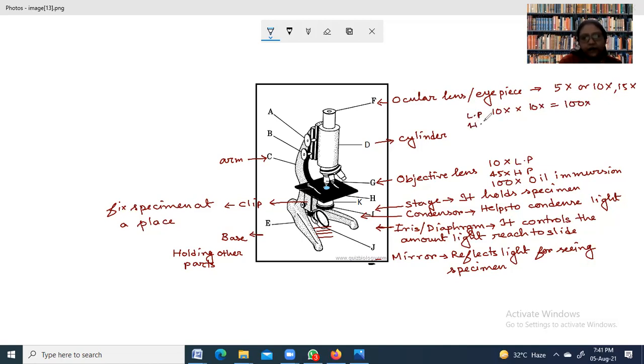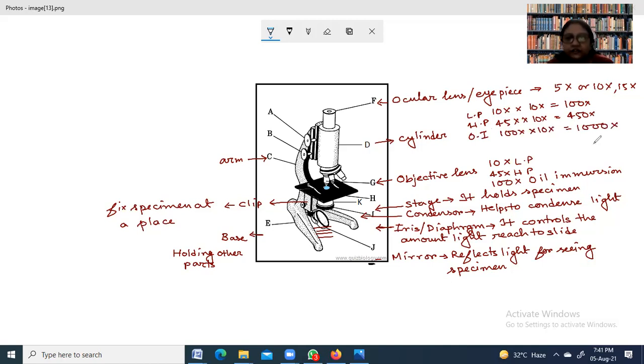Then for high power it will be 45x multiplied by 10x, so it will be 450 times magnified. And if I am looking under oil immersion, it will be 100x multiplied by 10x, so it will be 1000 times magnified.